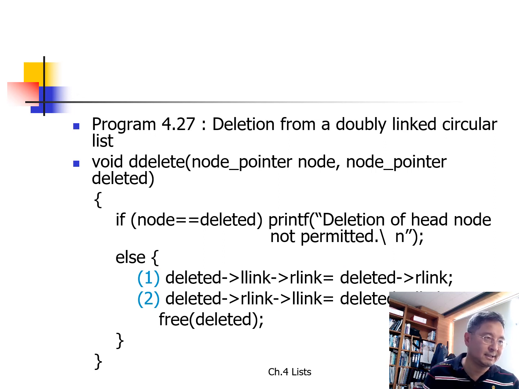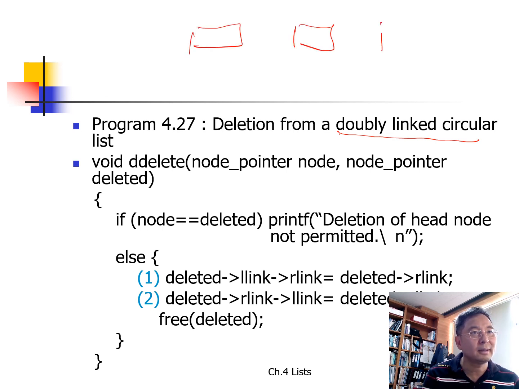Okay, and how about delete? I want to delete one node from the doubly linked list. Also, we must be careful the adjustment of a link field if we delete one node. So there is this one, and this one. This one is not showing here. So this is a node, this is a node, and this is a deleted node.